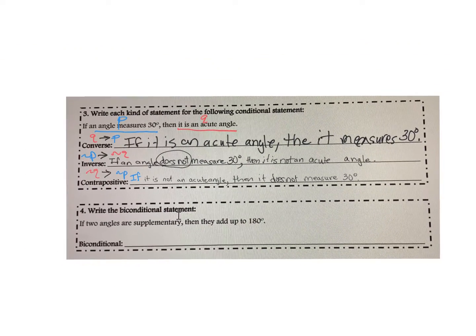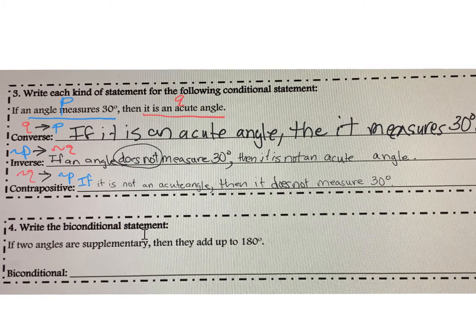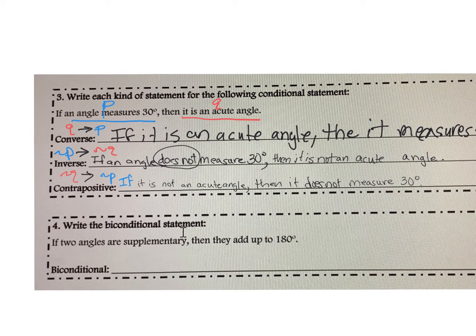So just a reminder, you're going to do your P and your Q, which is your conditional statement. You have your converse, Q, then P. You're just switching your conditional statement. Remember your negation, not P, then not Q. And then you have not Q, then not P for your contrapositive.